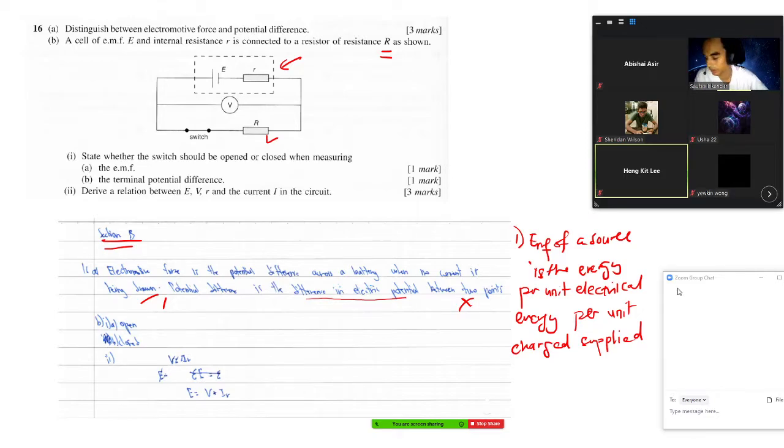This is when you want to talk about the concept of energy in EMF.